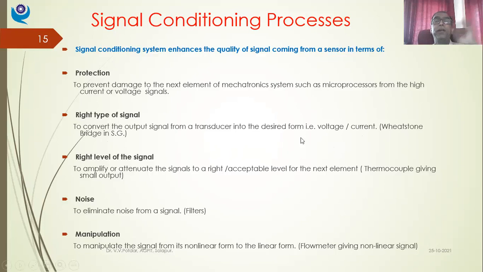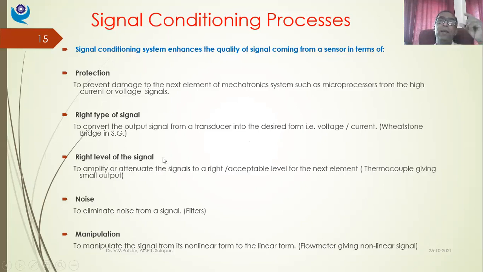So the force signal is converted into a strain signal, then into a resistance change signal, and the resistance change signal is converted into a voltage change signal. So the right type of signal is obtained through the Wheatstone bridge. The Wheatstone bridge is also one type of signal conditioning device, isn't it? It generates the right type of signal, which can be processed easily. The right level of signal, right?